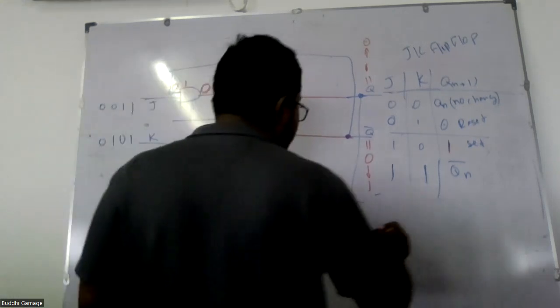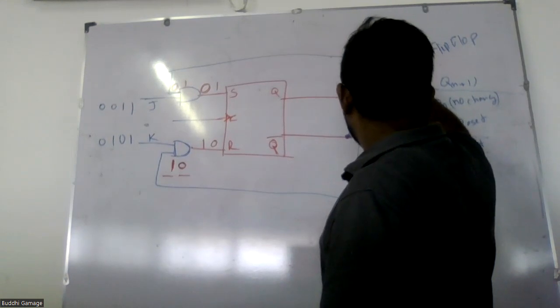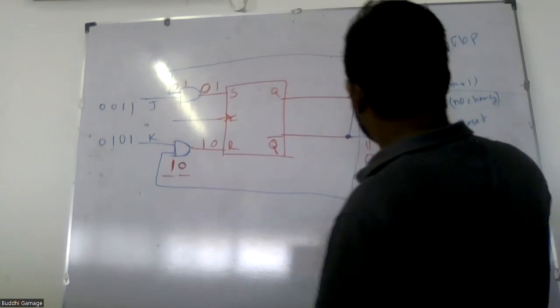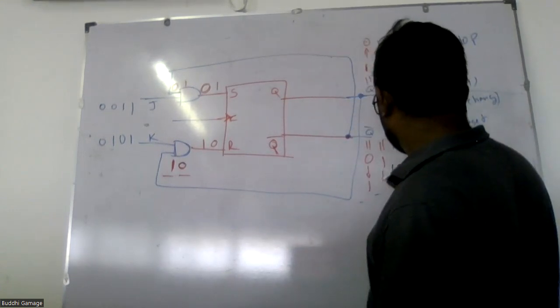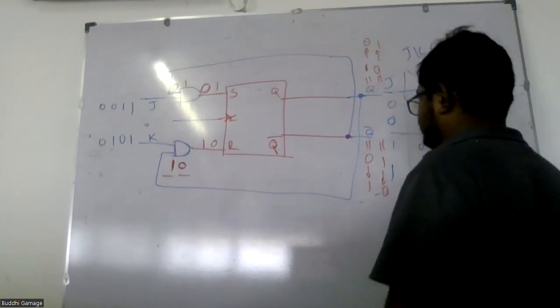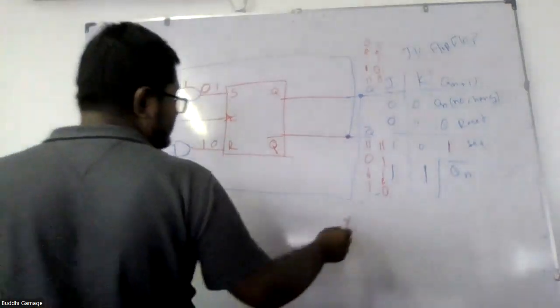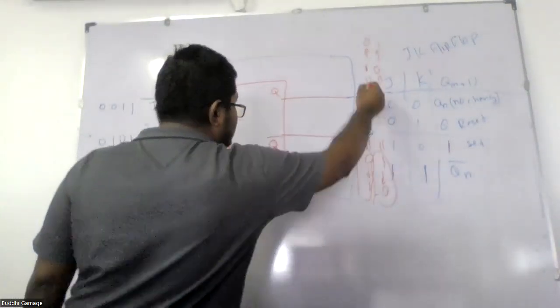So in the next one, this value is 1 and this value is 0. So now it is set state. Set state means Q should be 1 and Q bar should be 0. So you can see it's going to change the value, right? Change the state.